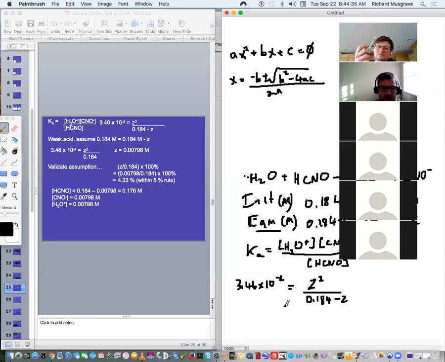If it's a weak acid, that means it doesn't dissociate very much, then I could make the assumption, we'll assume it's a weak acid. And if I do that, then 0.184 minus Z is going to be approximately 0.184.